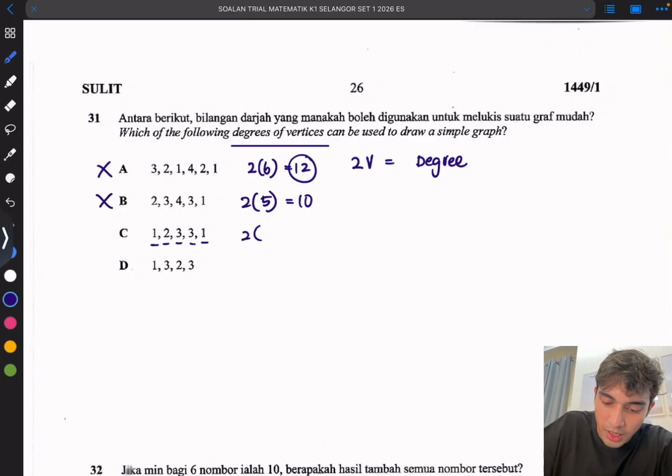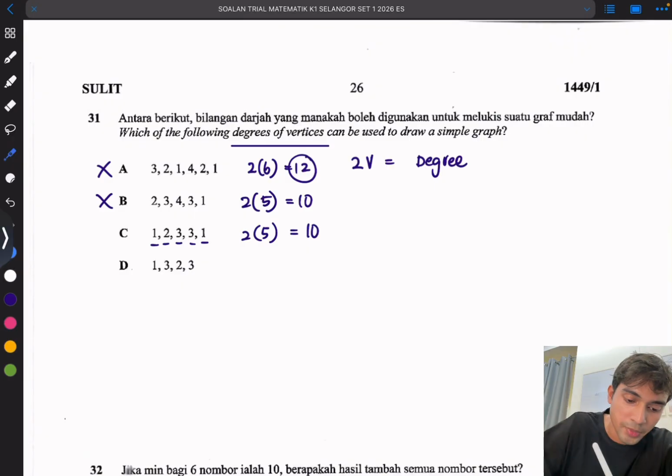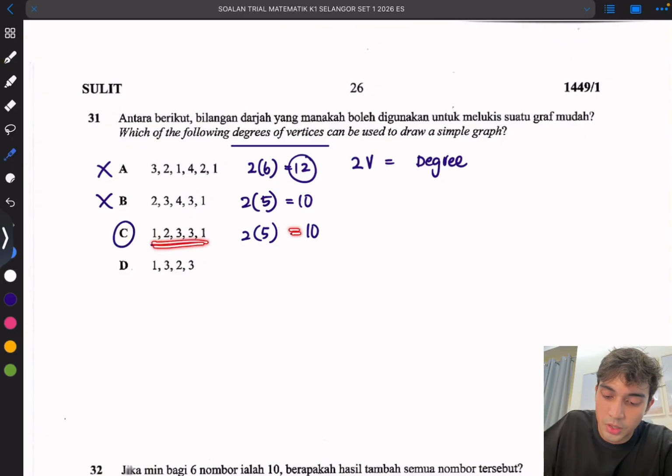So 2 times 5 equals to 10. So we plus all these. 1 plus 2 is 3. 3 plus 3 is 6. 6 plus 3 is 9. 9 plus 1, 10. Correct. So your sum of degrees must equal to 2 times the number of vertices. Sorry, I don't know what happened.